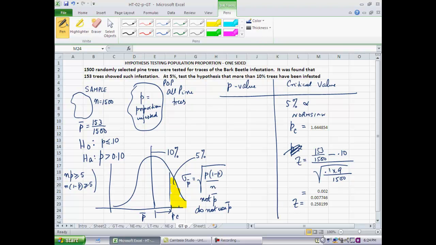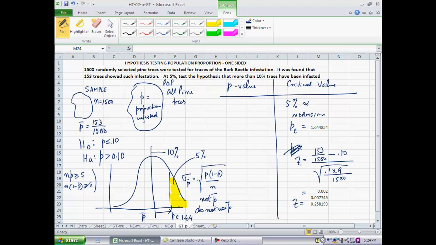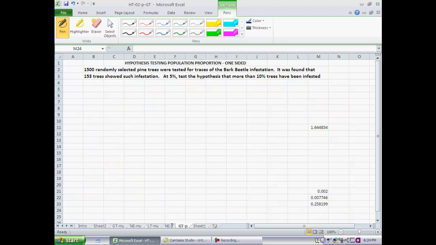Okay, so this critical value is 1.64. And the value that I actually got is somewhere here, so it's not past the critical point. So I have Z, the standardized value that I got, the test statistic, is less than the critical value. So this guy compared to this fellow.